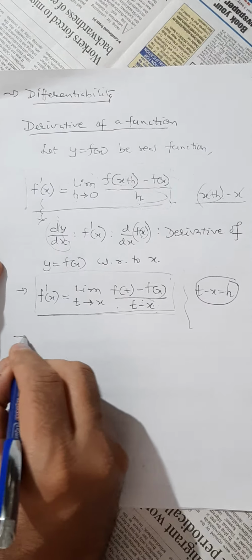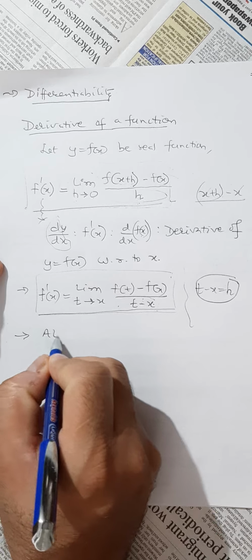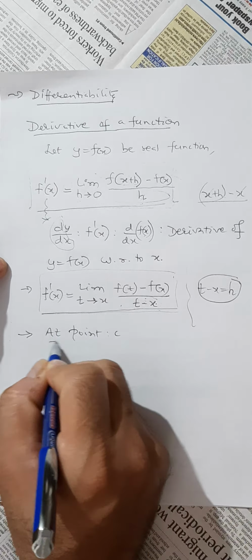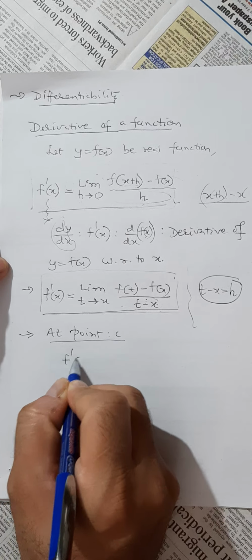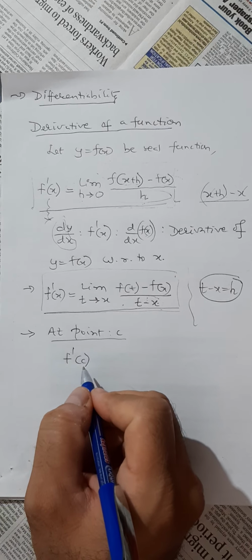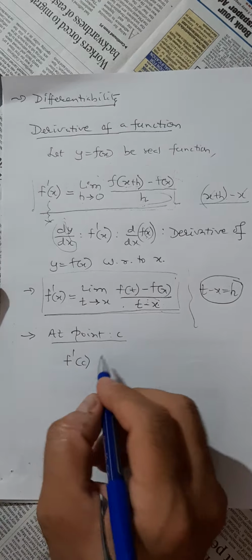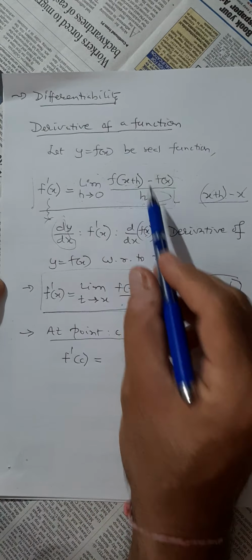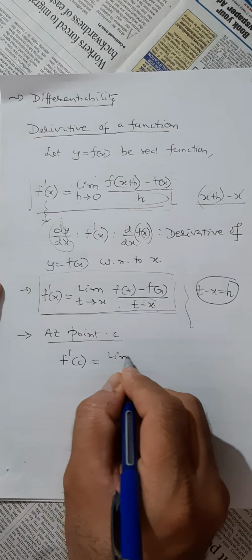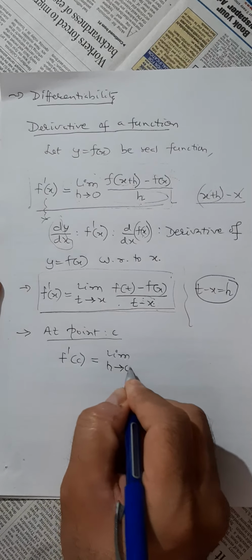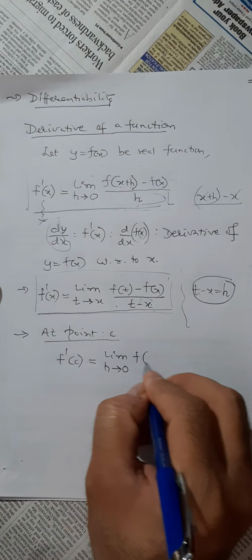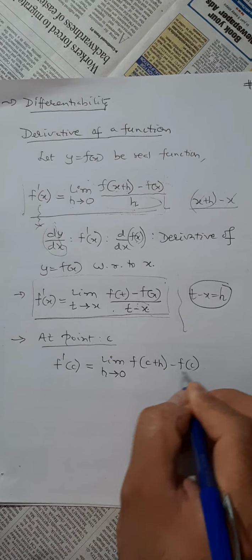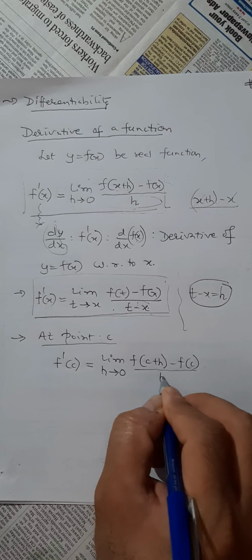At a fixed point, let's say c, we want to write f'(c). Now instead of x you are using c, so just use c here. Limit h tends to 0 of [f(c + h) minus f(c)] upon h.